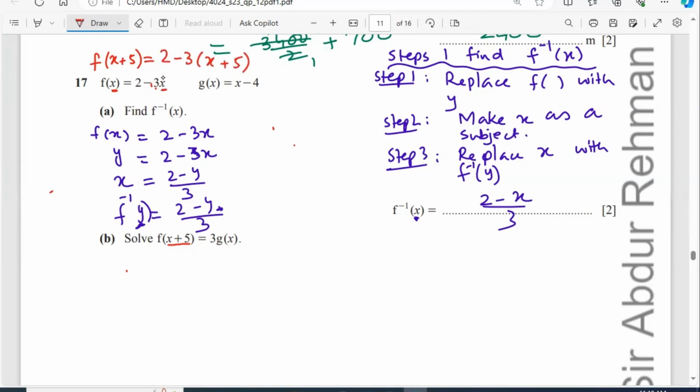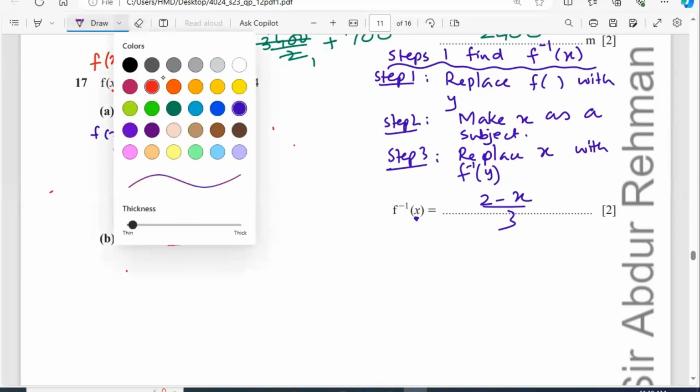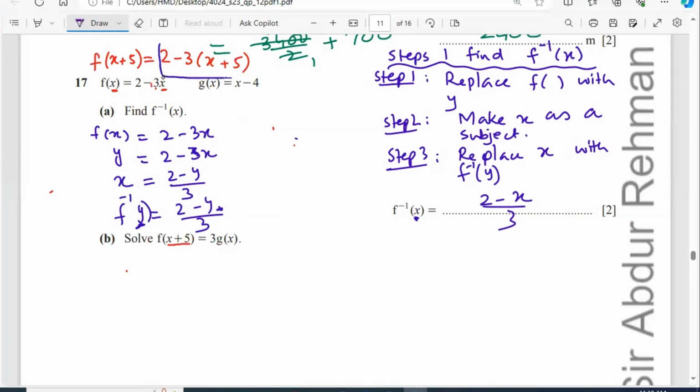Now we have f of x plus 5, which is 2 minus 3 times x plus 5, equals 3 times g of x.